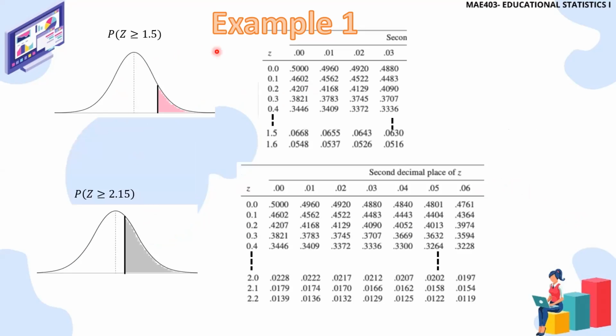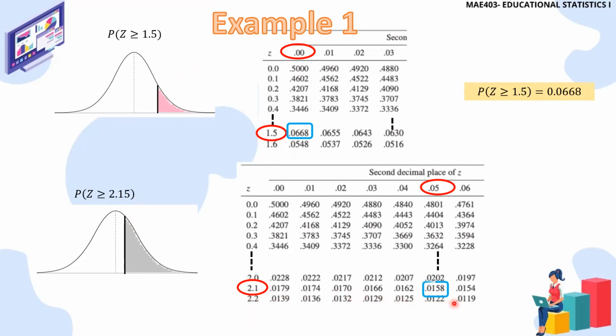Based on the statistical table, for 1.5, the row of 1.5 and the column 0, you will get the probability 0.0668. And then for 2.15, take 2.1 from the row, and then go to the column 0.05.